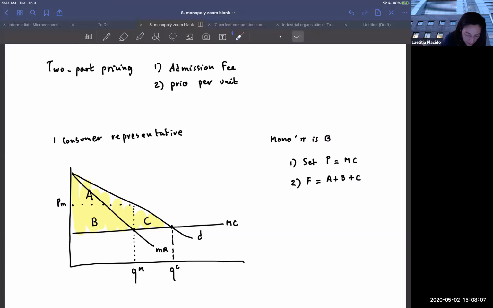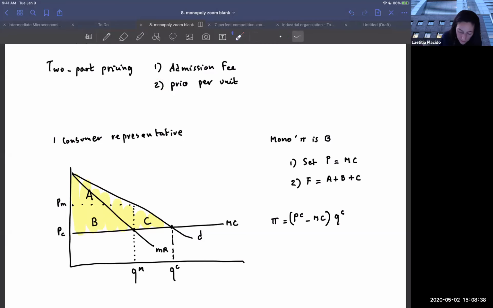So what is the monopolist profit then? Let's call this PC. So the price per unit it's going to charge minus the marginal cost, times the quantity QC. That's the part related to the price per unit.